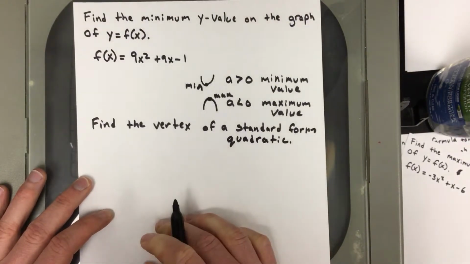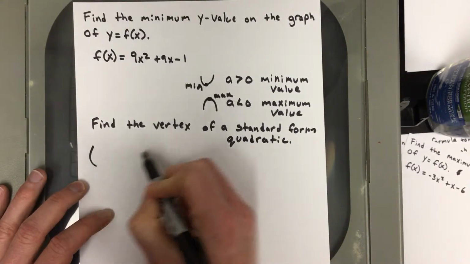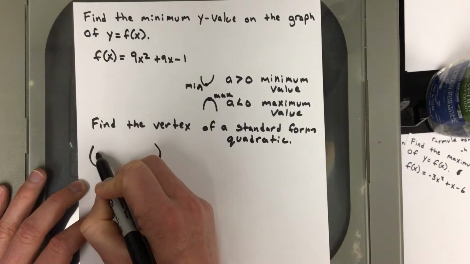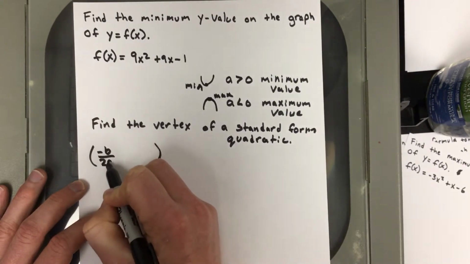So we can find the vertex of a standard form quadratic by knowing its coordinate is going to be, so there's this little equation, negative b over 2a.